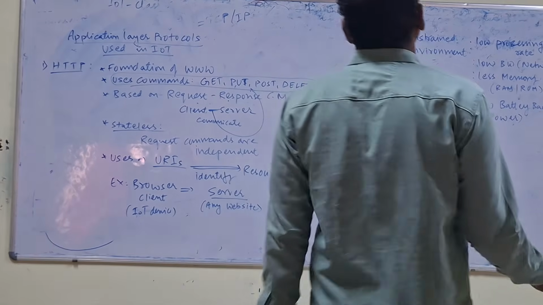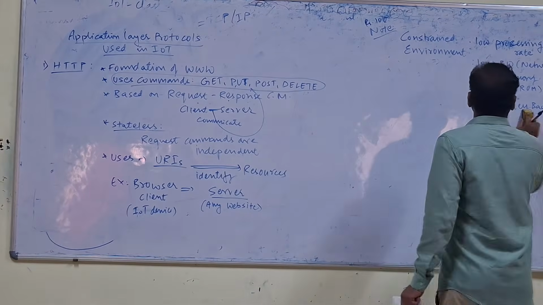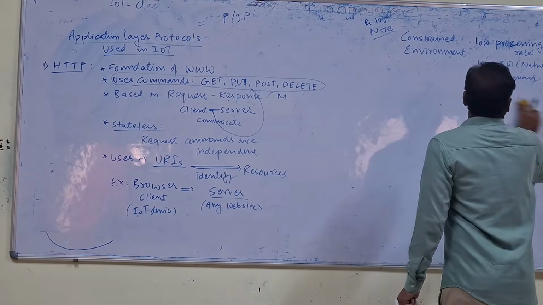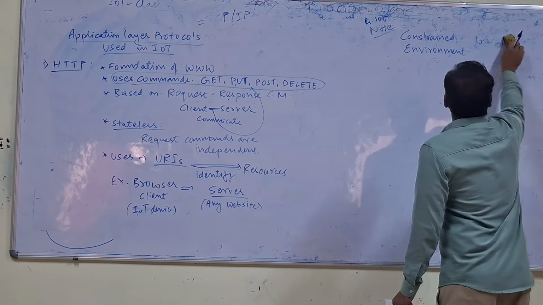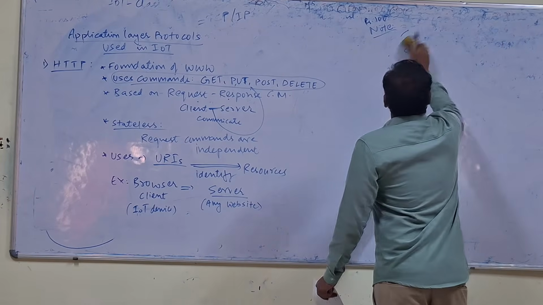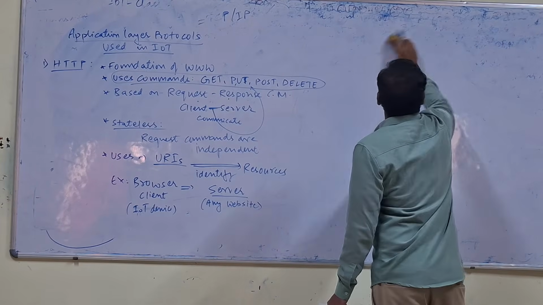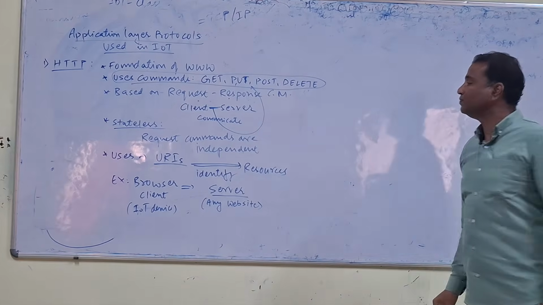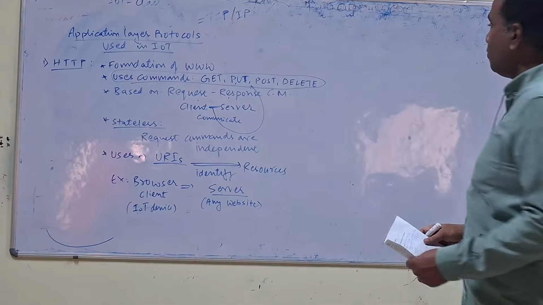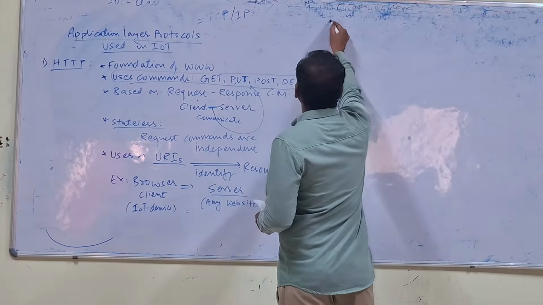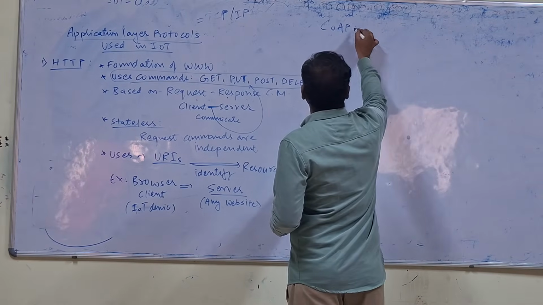Then we have a new protocol. This is new in the sense with respect to IoT. The second type of application layer protocol that we use in IoT is CoAP.